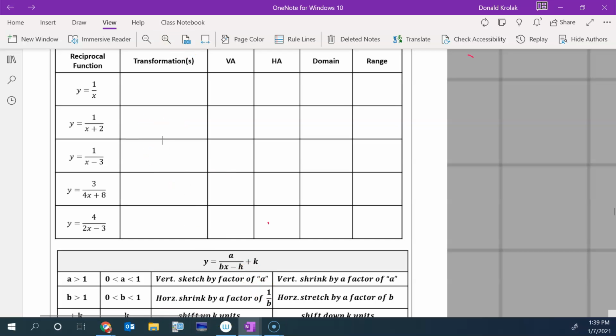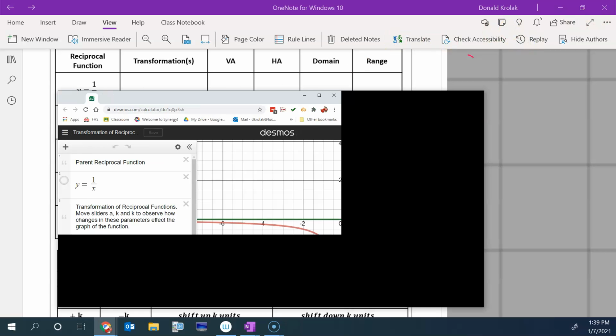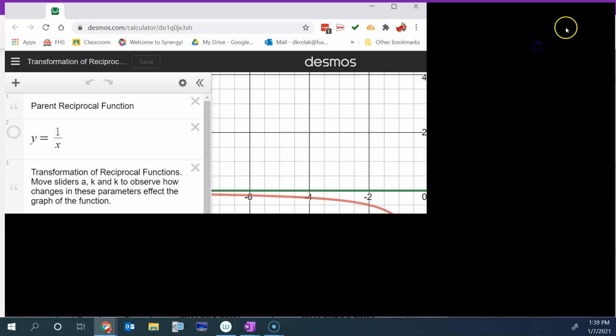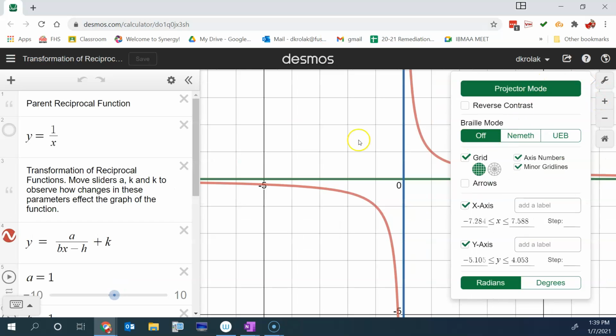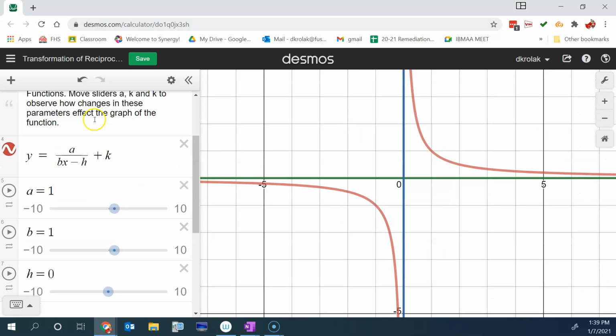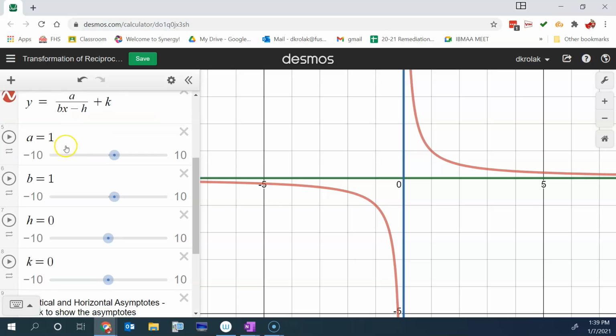So if we go to our Desmos graph, I've got A at 1, B at 1, H at 0, and K at 0.